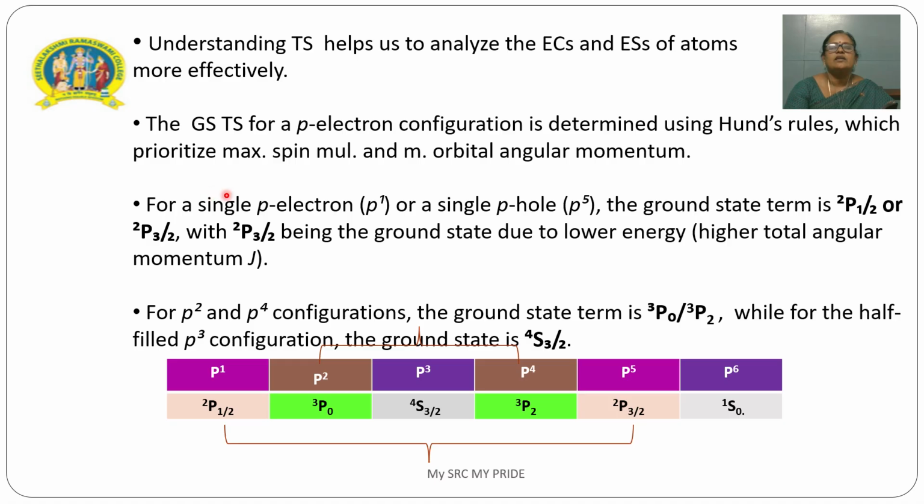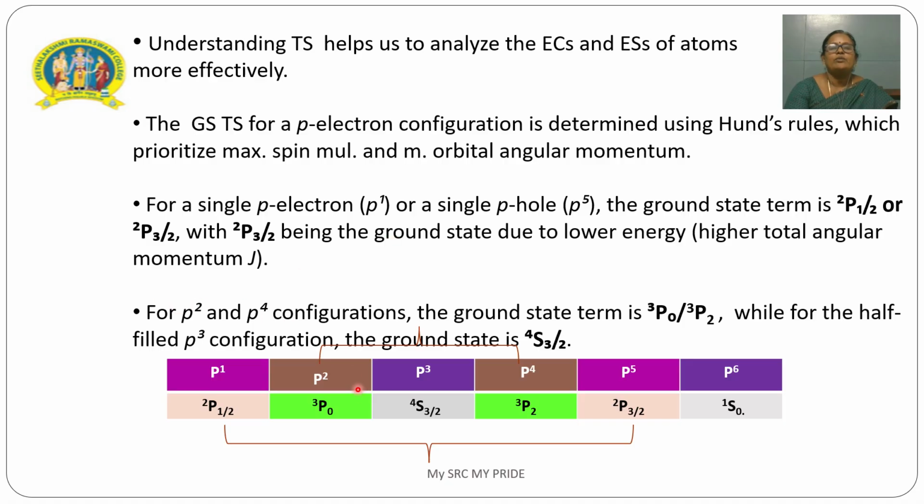For a single p electron in p1 or p5, the ground state term is 2P 1/2 and 2P 3/2. If less than half filled, we choose 2P 1/2. If more than half filled, we choose 2P 3/2 as the ground state due to lower energy.